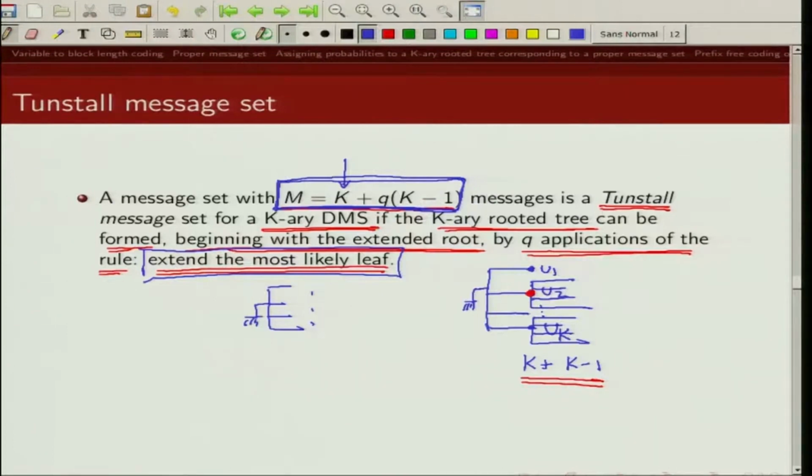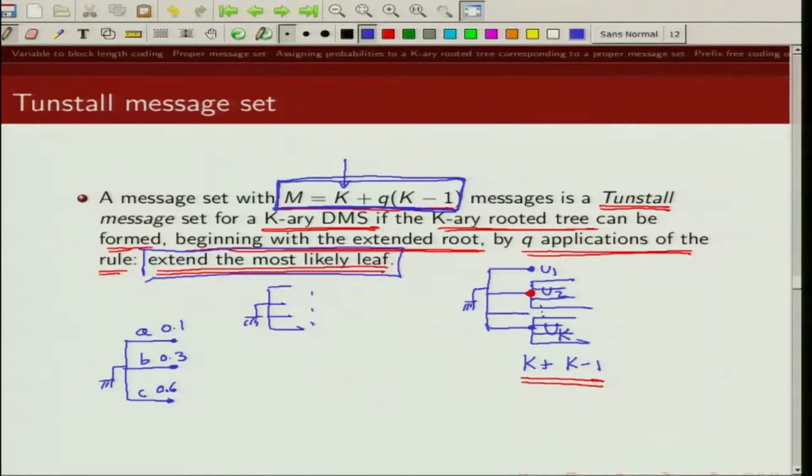So let us take an example of the ternary message set that we had. Let's say this was A, this was B, this was C, and the probability of A we took as 0.1, probability of B as 0.3, probability of C as 0.6. This is a proper message set.